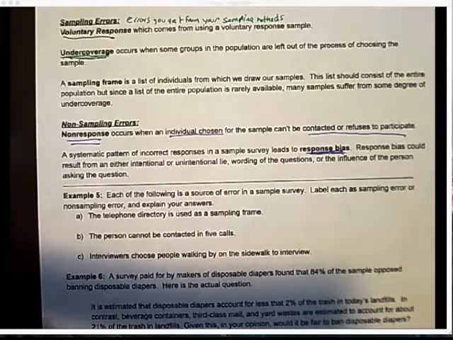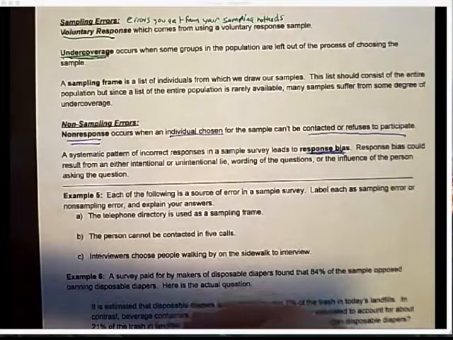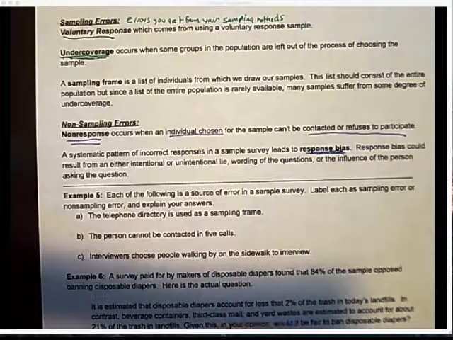We ask someone to participate in our survey and they agree, but they might not be telling the truth. Response bias could result from either an intentional or unintentional lie, the way we word a question, or the influence of the person asking the question. Let me give you an example. If I wanted to take a sample as your teacher, and I asked you about drug use, like, have you ever used marijuana?